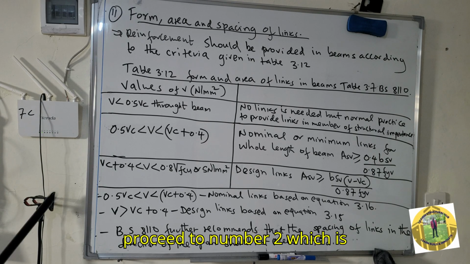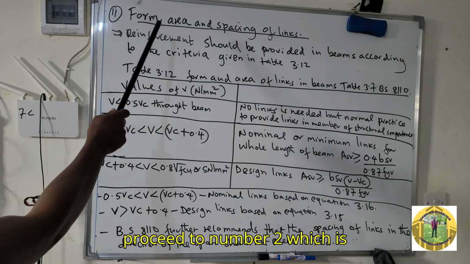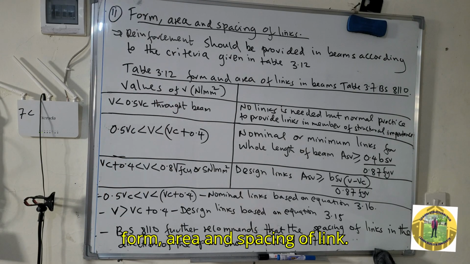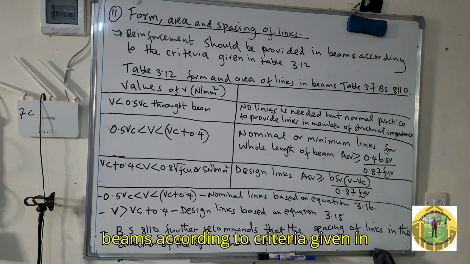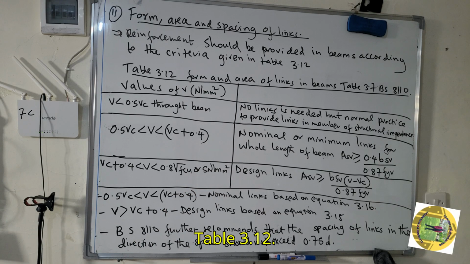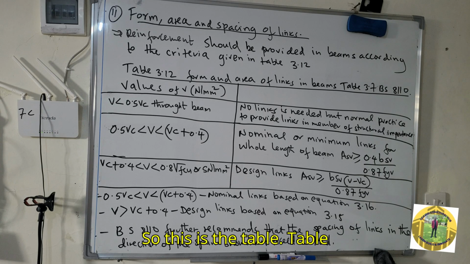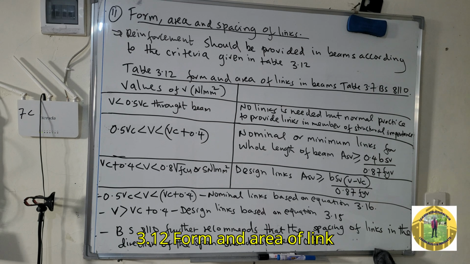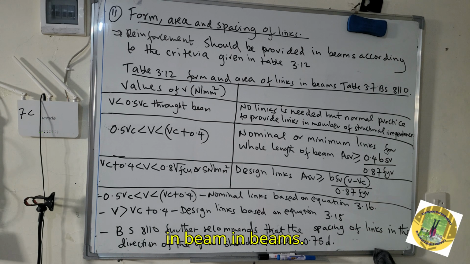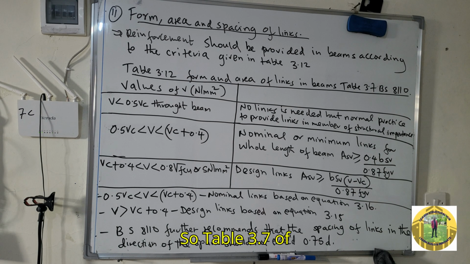We proceed to number 2, which is form, area, and spacing of link. Reinforcement should be provided in beams according to the criteria given in table 3.12. So this is the table 3.12, form and area of link in beams, table 3.7 of BS 8110.